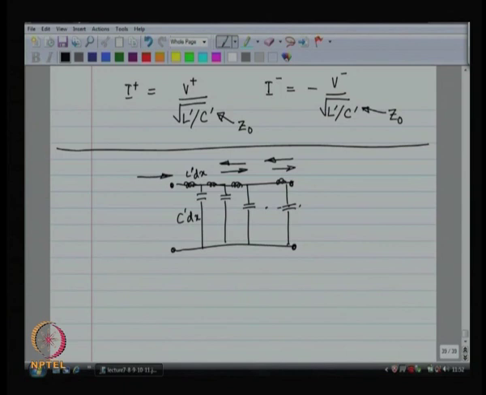Okay. And the current backwards moving wave is negative of the voltage backwards moving wave divided by Z naught. So, this is what I have.